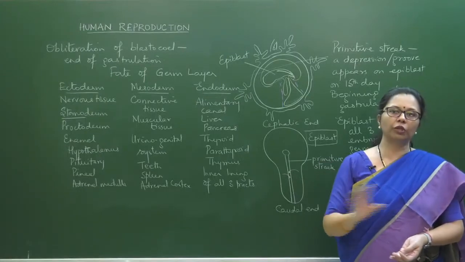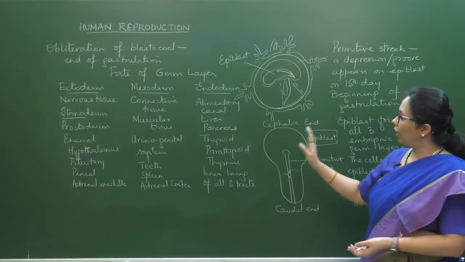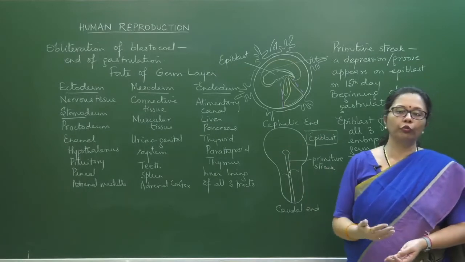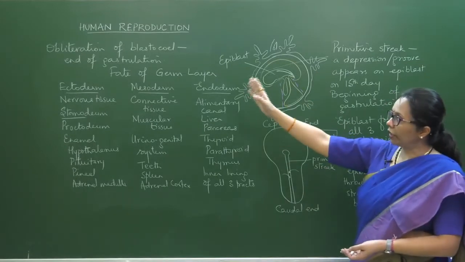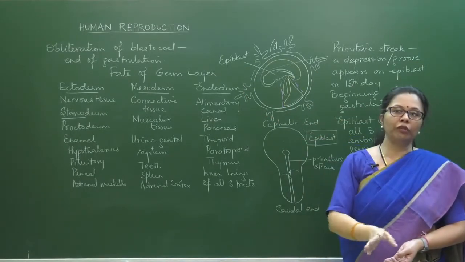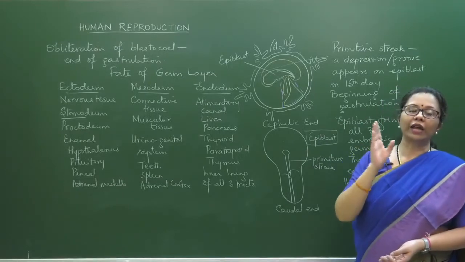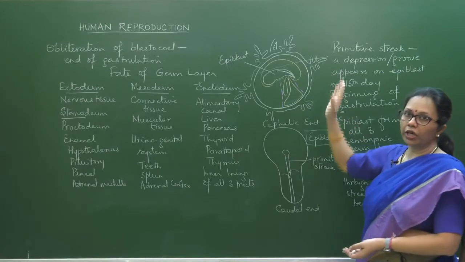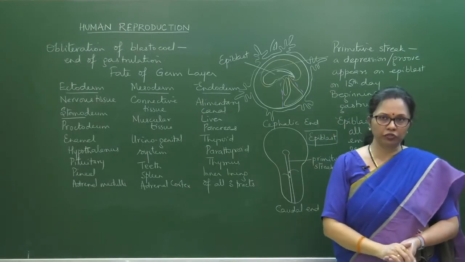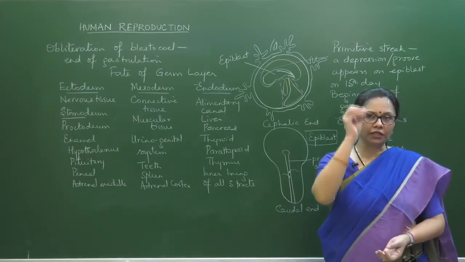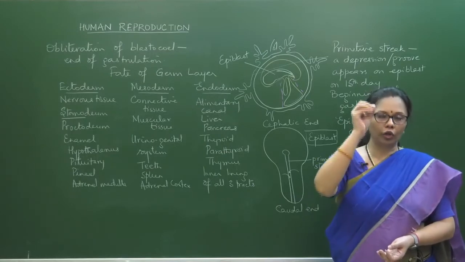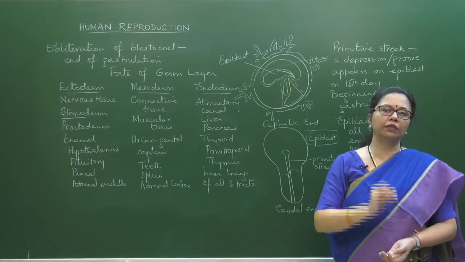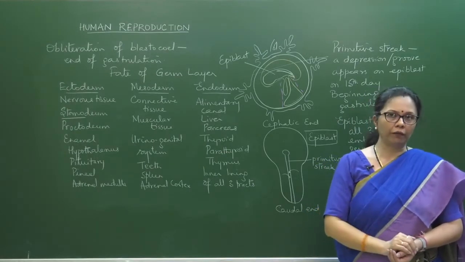They have written just this much, nothing else. But I have included a few more things because obliteration of the blastocoel has once been a question. That is the end of gastrulation. The beginning of gastrulation, as I told you, is the appearance of the primitive streak. Once we start seeing that line-like structure or a groove on the surface of the epiblast, that means gastrulation has begun.